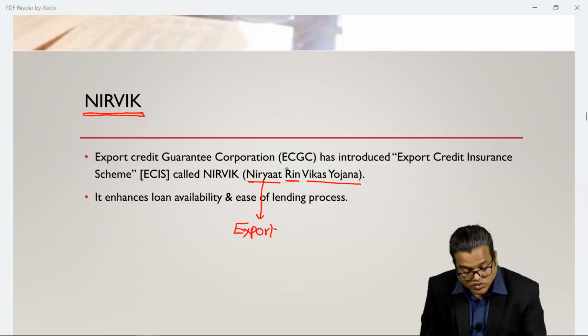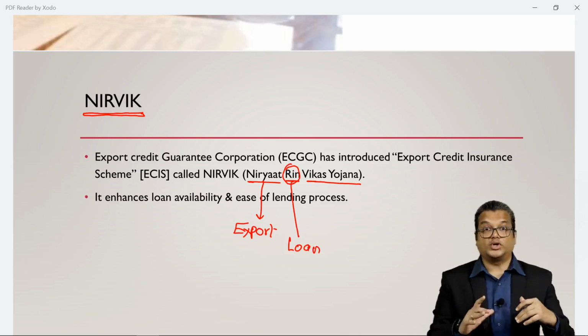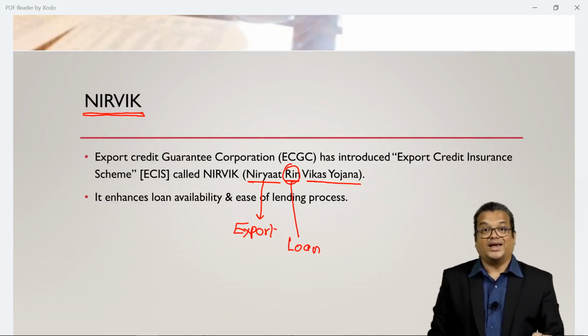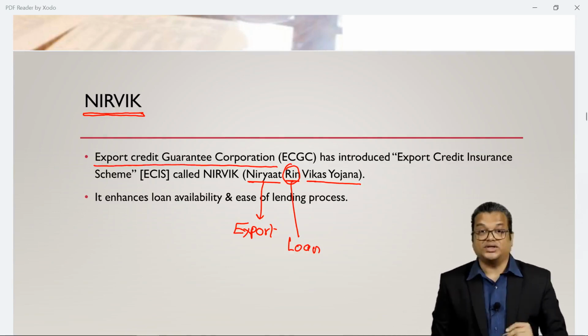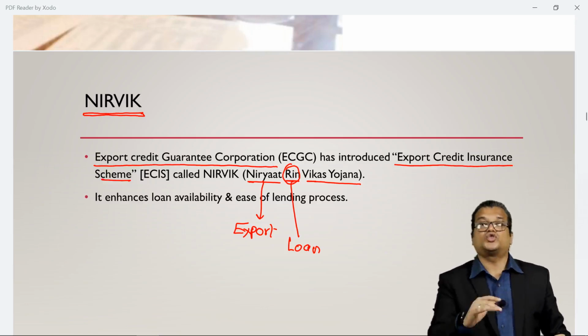Now this word rin is basically loan. So it's all about loans to be given to the correct exporters, and that's why it comes under Export Credit Guarantee Corporation, ECGC. The name is Export Credit Insurance Scheme, also known as NIRVIK.